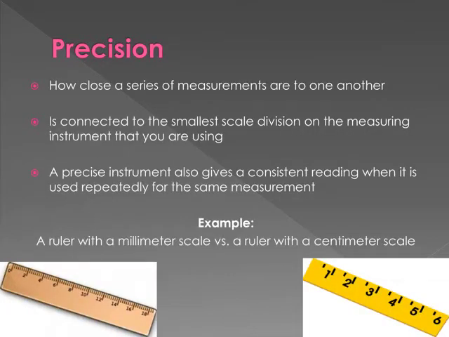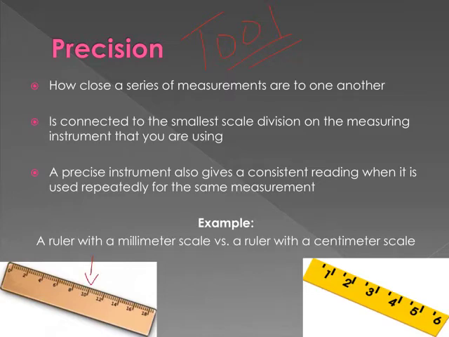Precision, on the other hand, is related to how close your measurements are to one another. And this especially relates to the tool that you use. Okay? Some tools have a high degree of precision, which means they're going to have a lot of these little tick marks.